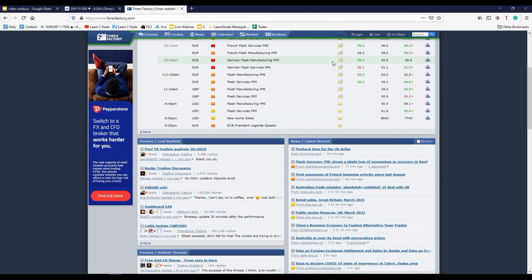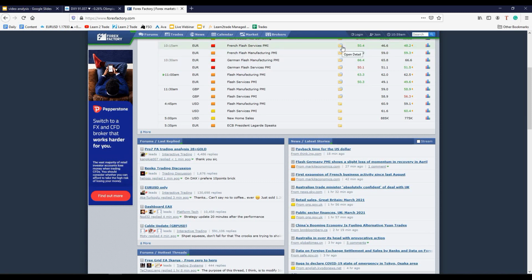Also, the German flash manufacturing PMI dropped only to 66.4, even if the specialists have expected a drop to 65.8. Very important. Unfortunately, the German flash services PMI has decreased more than expected to 50.1.